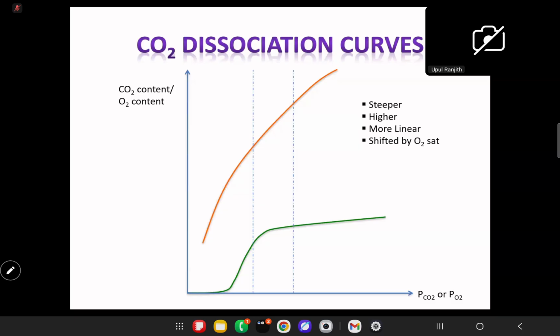If you compare, the carbon dioxide dissociation curve is situated at a higher level, is steeper and more linear, and it is shifted by the oxygen saturation. So that is the arterial and venous, right? So this is arterial and venous.